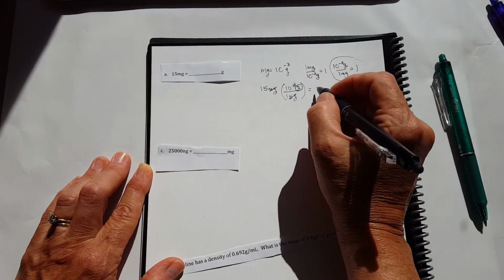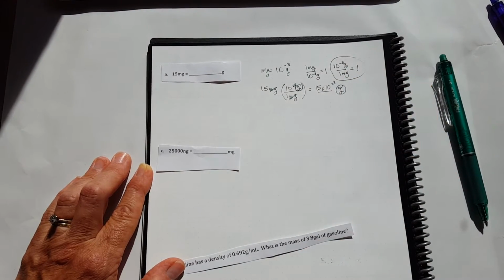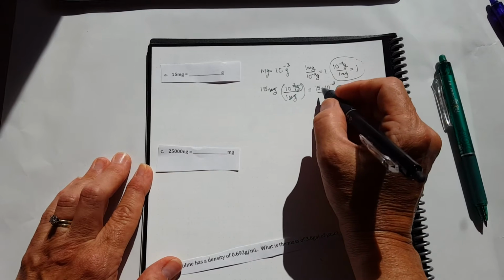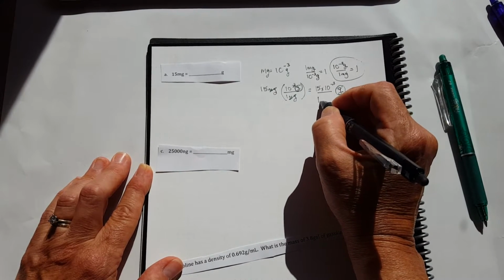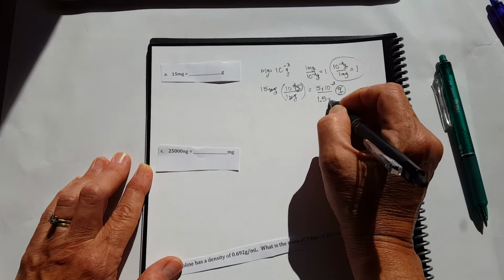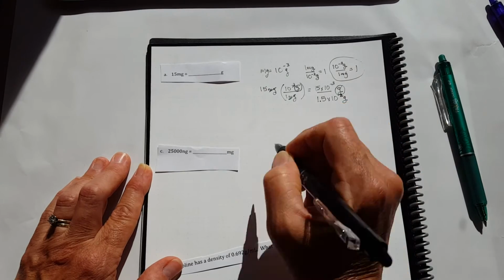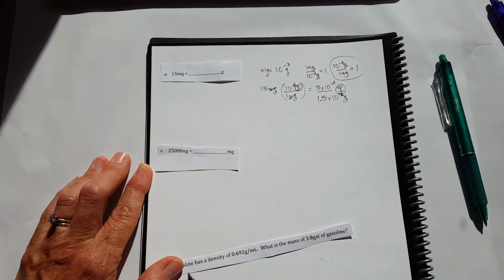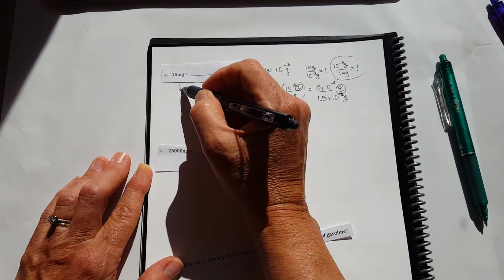When I do that multiplication, I get 15 times 10 to the minus 3 grams. But that's not in correct scientific notation.